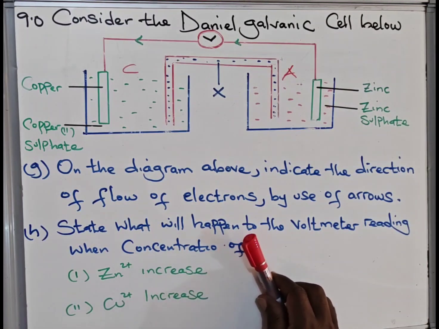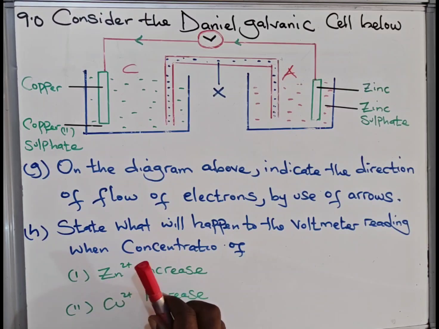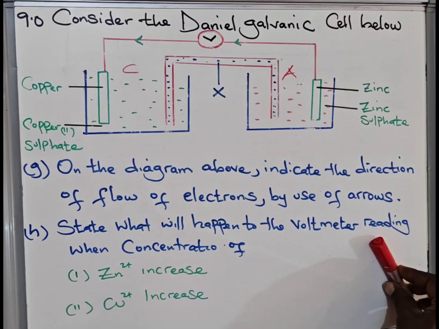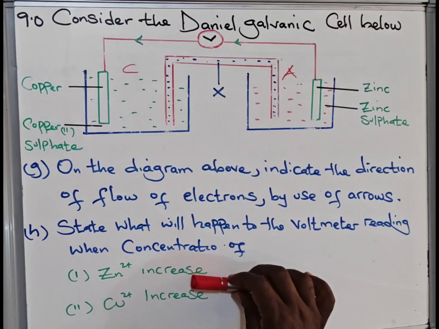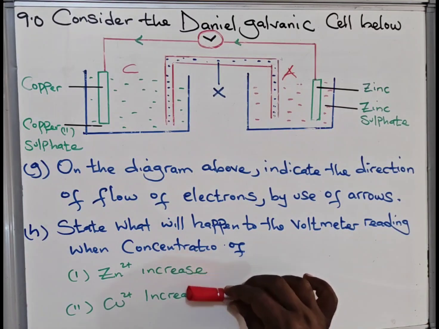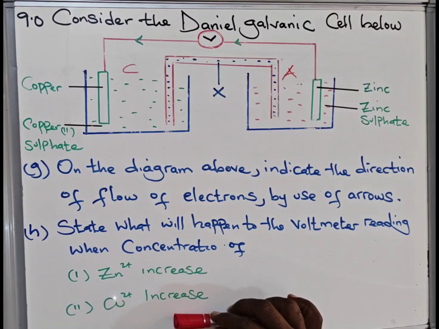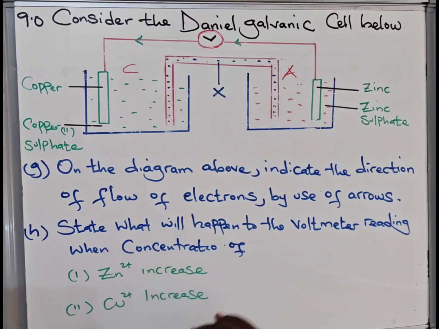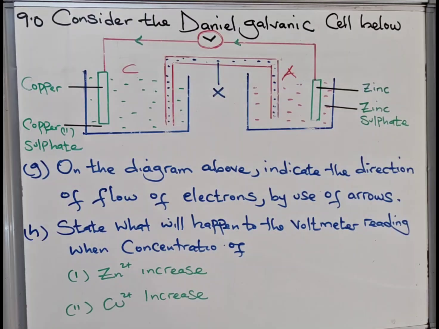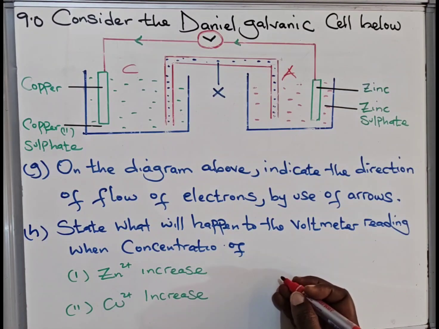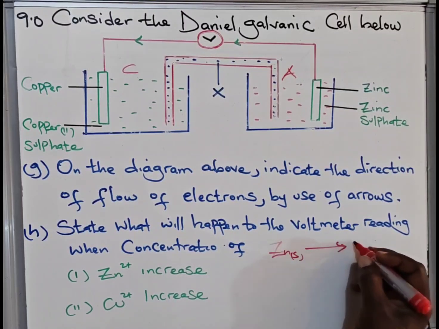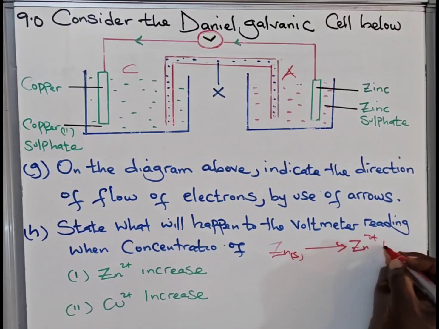Then we come to this question. It says that state what will happen to the voltmeter reading when concentration of 1, zinc ions increase, 2, copper ions increase. Okay, how do we answer these questions? Here, you need to know the half reaction. For the zinc, we saw that the zinc solid became oxidized to zinc ions plus 2 electrons.